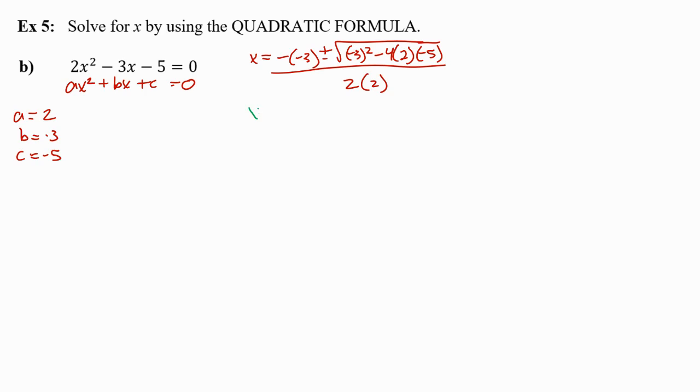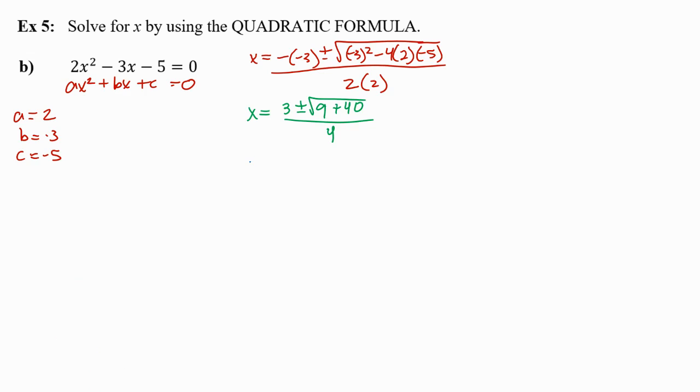Okay, so work on the outside a little bit. The double negative for negative 3 becomes positive, plus or minus. Negative 3 squared will give us 9. Then we want to do negative 4 times 2 times negative 5, which will give us a positive 40. All divided by 2 times 2, which is 4.